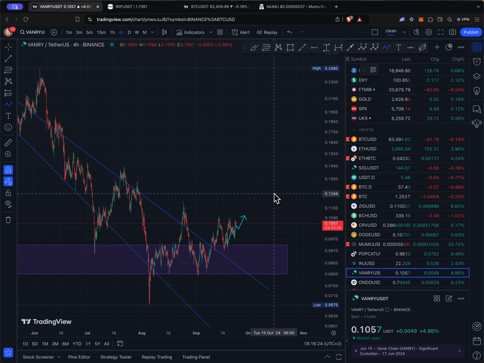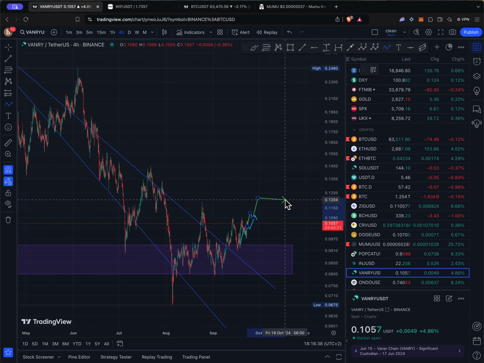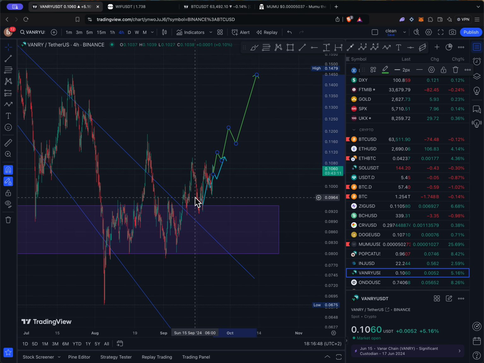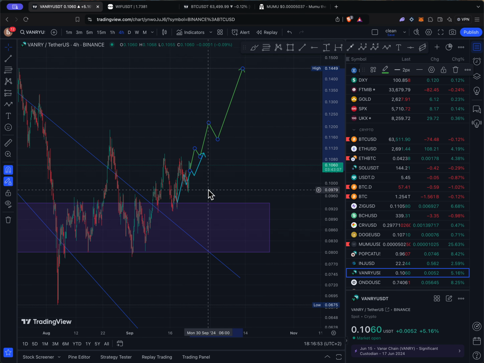No, it cancelled, okay. Yeah, stupid me. Let's say here, something like this, here, yes, maybe here, and then about here. So we can check it out next time. This is the bullish scenario of Vanry.